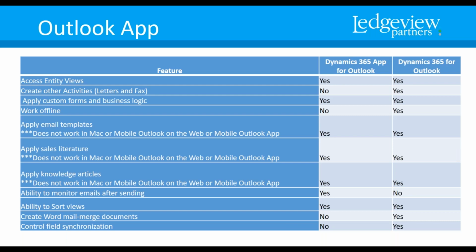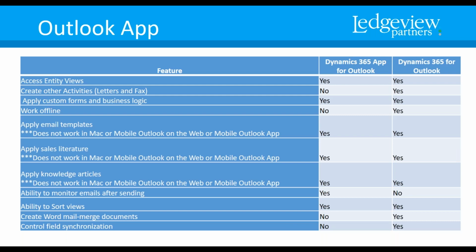The biggest takeaway is the Outlook app is a lighter, easier to install Outlook integration. No longer need to install this directly on each individual's computer. This is deployed from Dynamics 365.